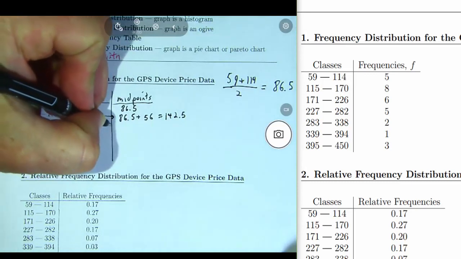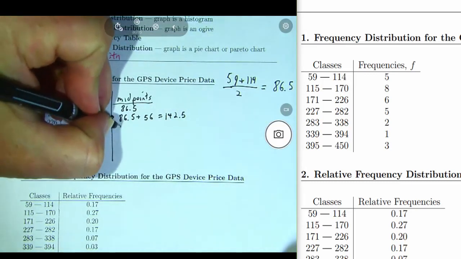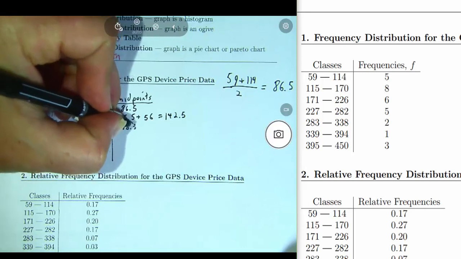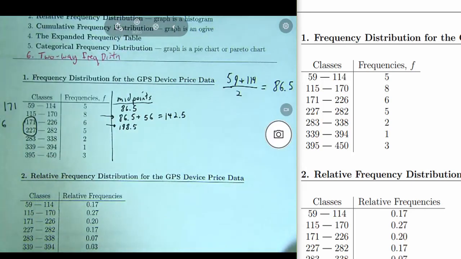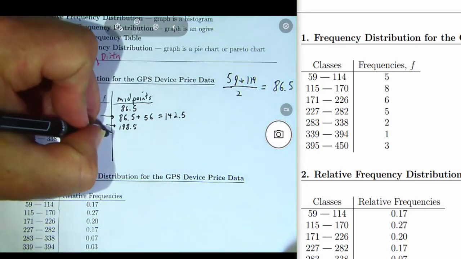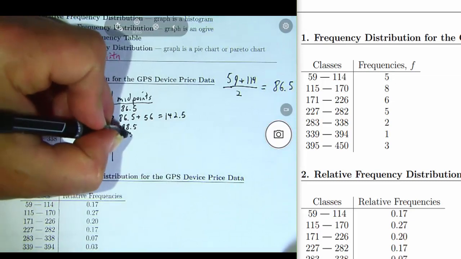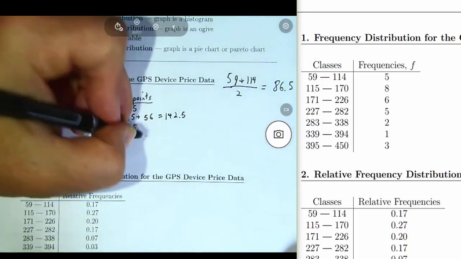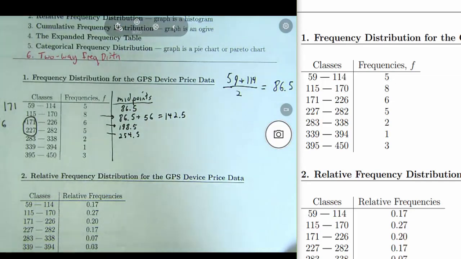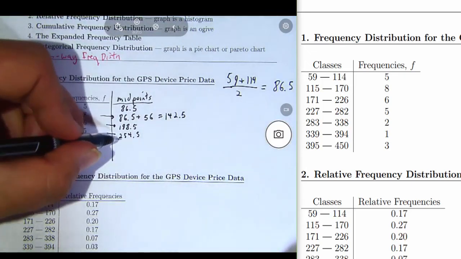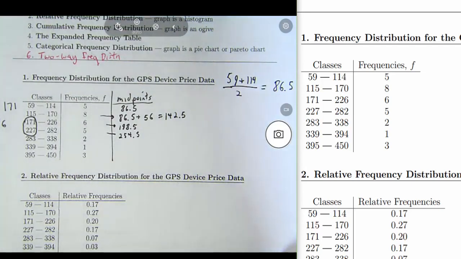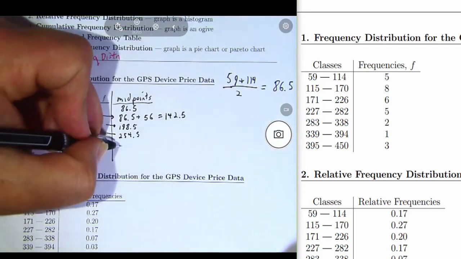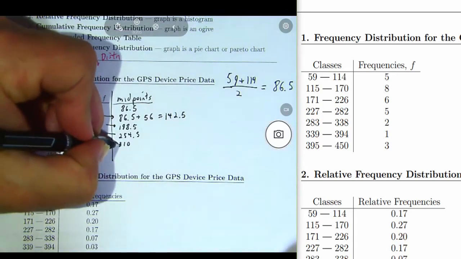You'll get the next class midpoint is 198.5. Add 56 to 198.5 to get the next class midpoint, 254.5. We're going to add 56 to 254.5. Get the next class midpoint, 310.5.